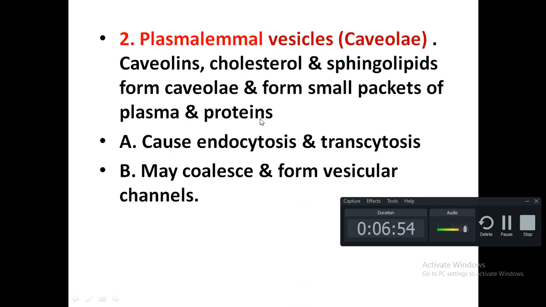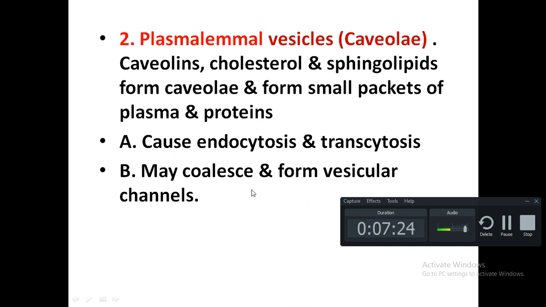These plasmalemmal vesicles or caveolae will cause endocytosis, that means carrying inside the fluid that is present in the extracellular fluid, and then that will be transferred to the other side of the cell membrane, or they can also help in transcytosis.